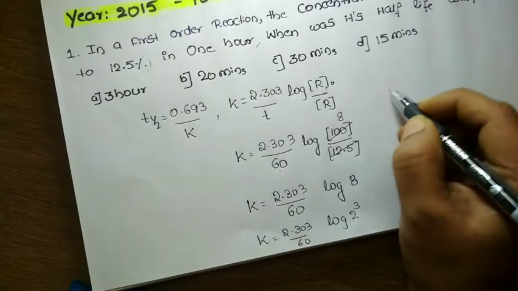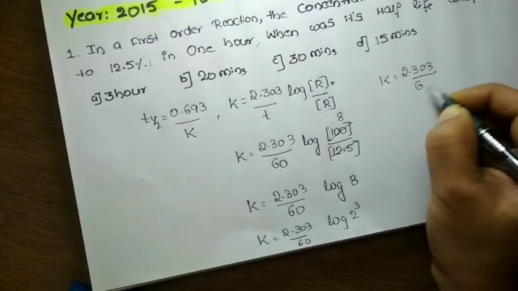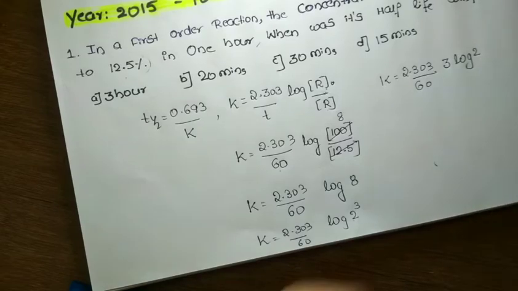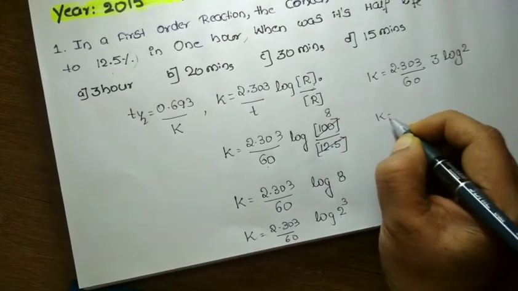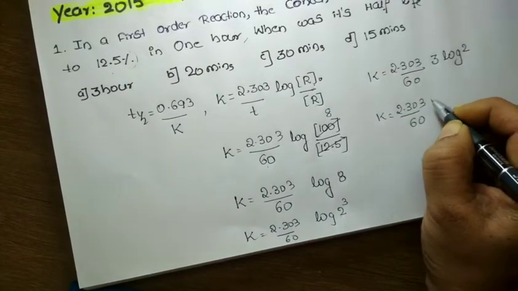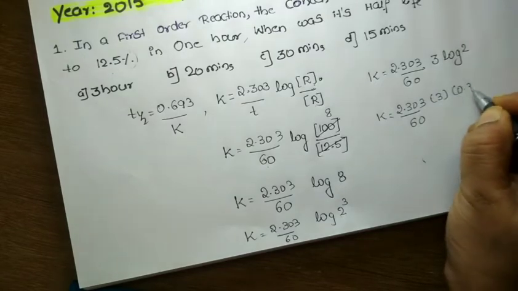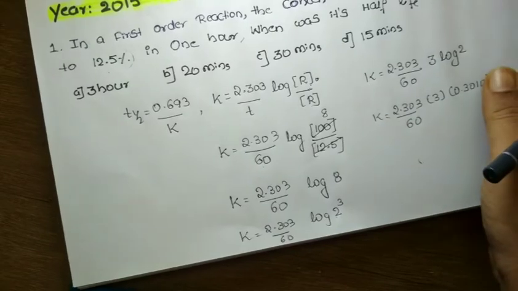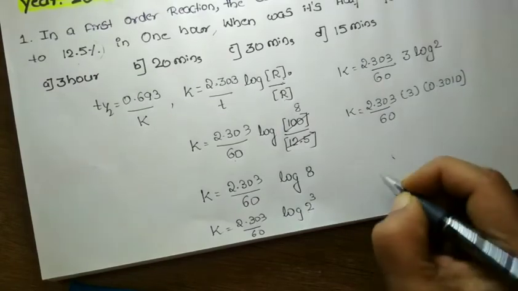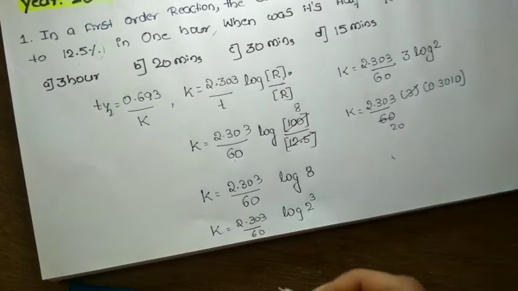So K is equal to 2.303 by 60 times 3 into log 2. I am keeping this 3 as it is. The log 2 value is 0.3010. At least remember log 2, log 5 and log 7 values, then you can find out the remaining values. Now can I simplify here? 3 ones are 3, 20s are. Very simple.